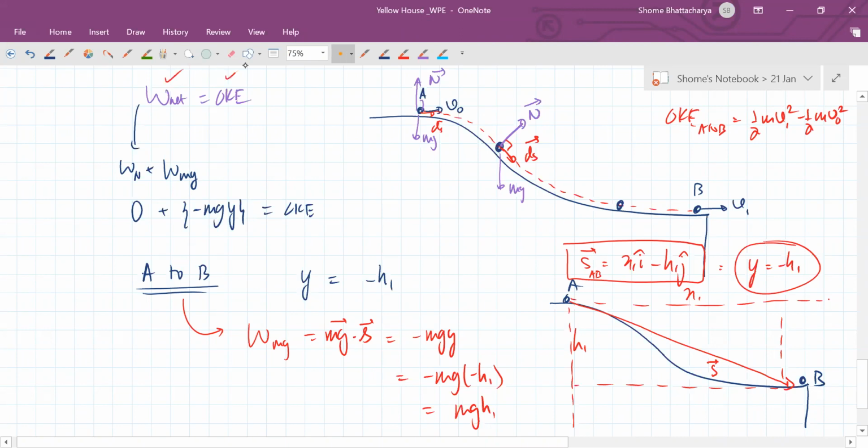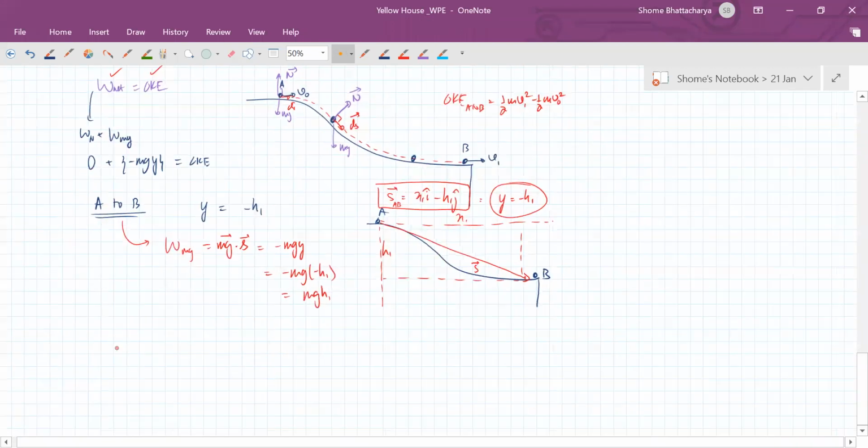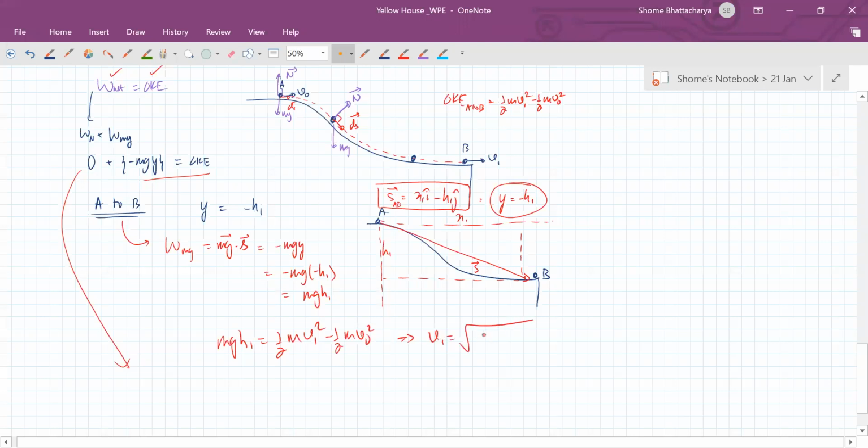So equate the net work done with the change in kinetic energy. For A to B, it becomes mgh1 is equal to half m v1 square minus half m v0 square. From this we get the relation that v1 is square root of v0 square plus 2gh1.